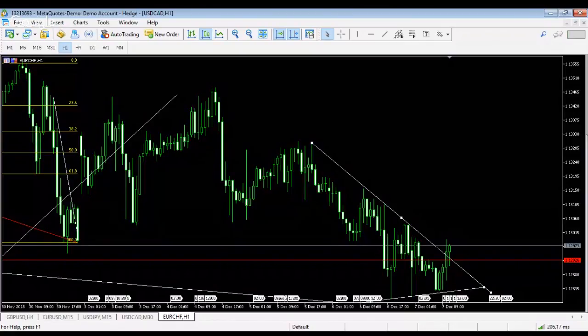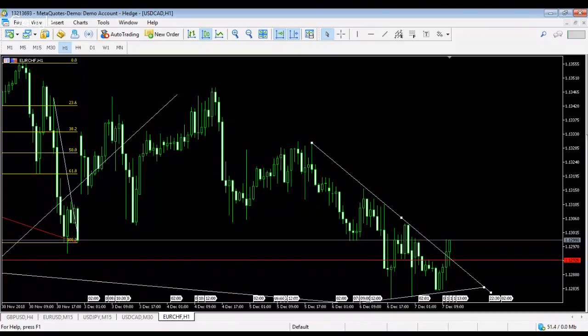It's Friday and the markets are very busy. They're moving, and it is very exciting, especially for people that trade 1 hour charts, 30 minute charts.